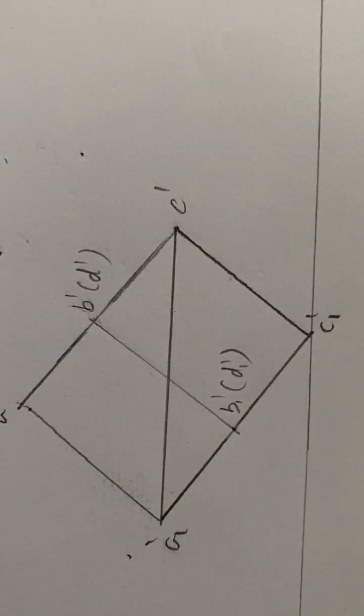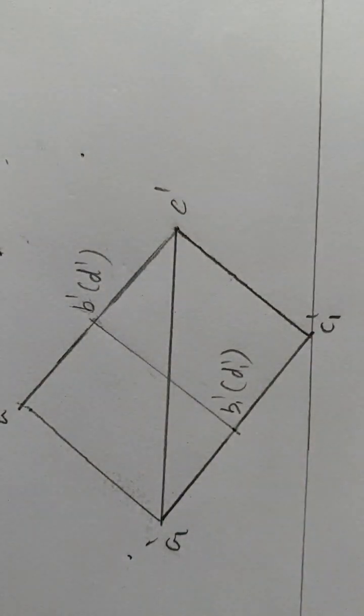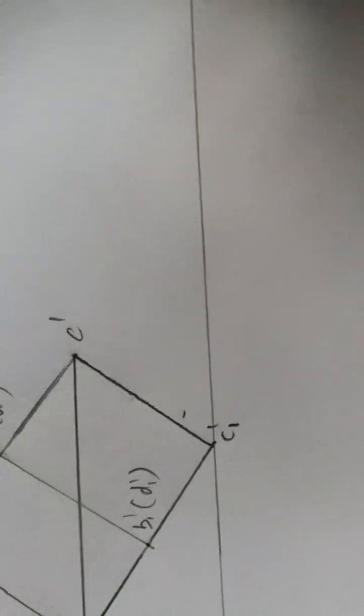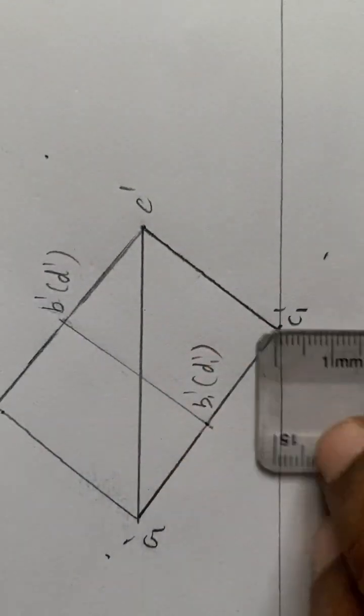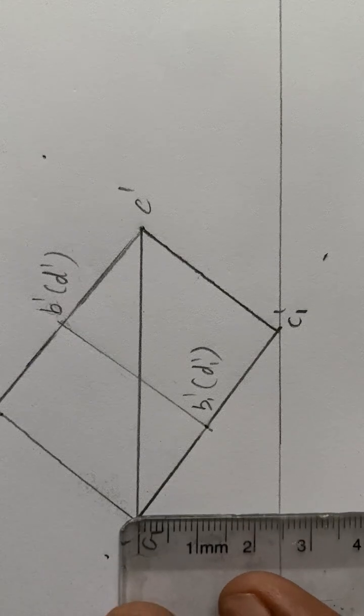So after doing this, the next step is we need to, I don't know if you will see this or not. You need to drop all the vertical lines like this, like the way you did for projection of planes, right?